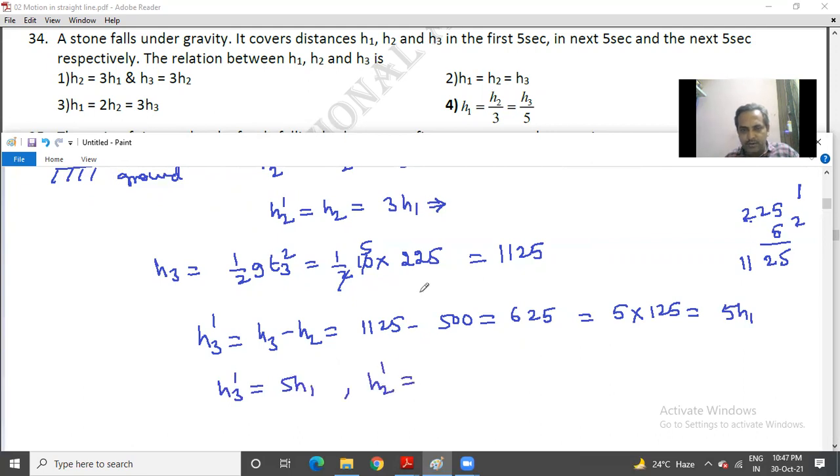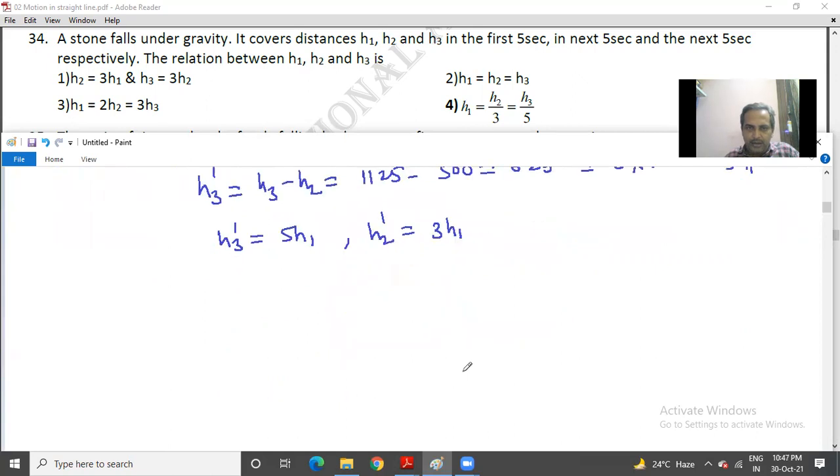In the options also, change it as H2 dash, H3 dash. Now H2 dash is 3H1. So finally you treat H1 as H1 only. How to express H2? H2 is 3H1. Looking at the options, H1 can be written as H2 by 3.